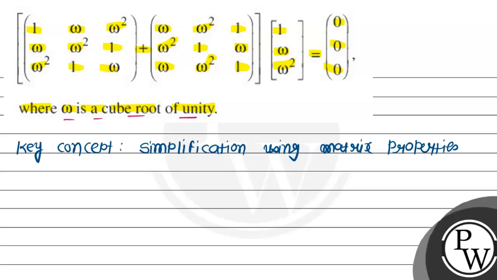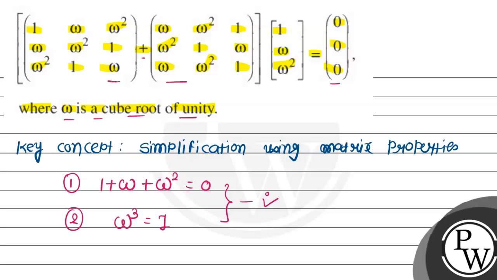So there are certain properties of the cube root of unity. One of them is 1 plus omega plus omega square equal to 0. And the second is omega cube is equal to 1. These two properties are going to be used for the simplification, right?